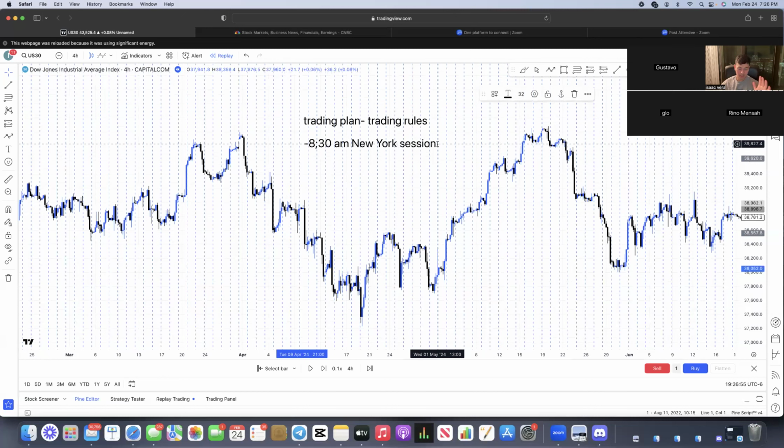The second rule that I have is I have to check support and resistance from the 4-hour time frame and the 15-minute time frame.